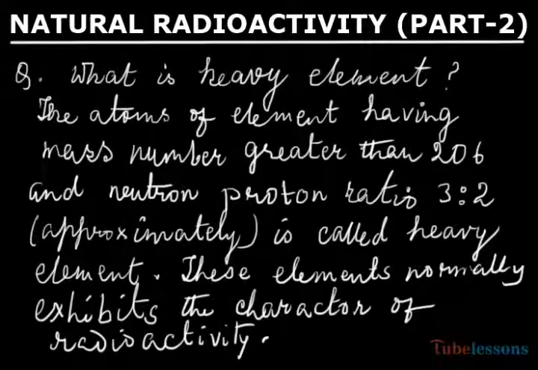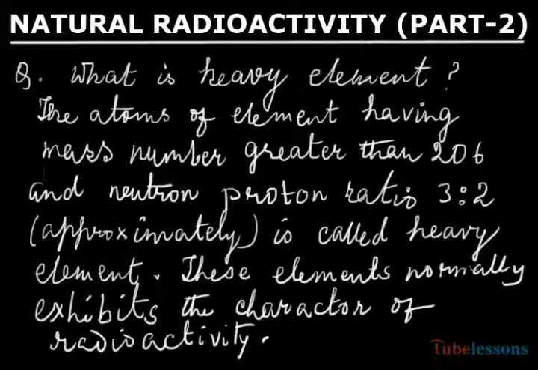That is, the mass number of heavy elements will be greater than 206. Say uranium. Uranium has 4 isotopes having mass number 235, 236, 237, 238, etc., and it has atomic number 92. Now 235 minus 92 is 143.